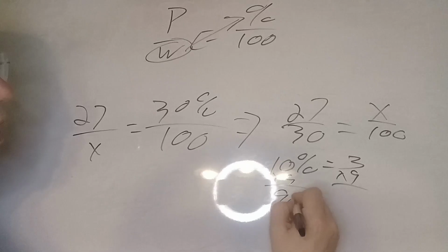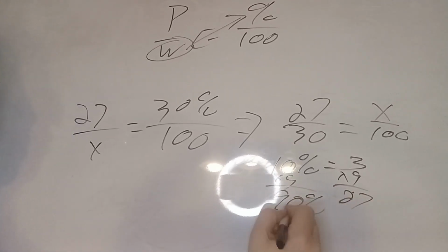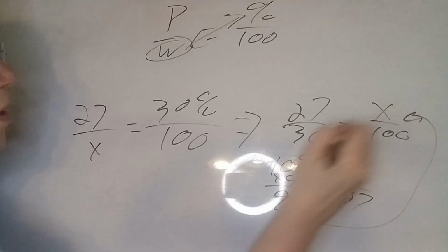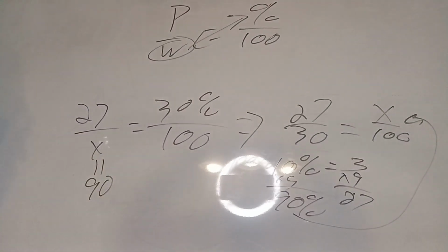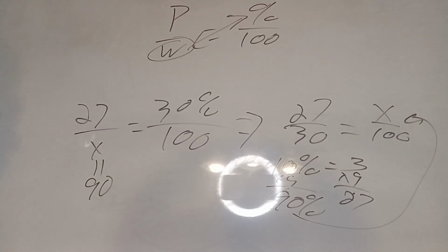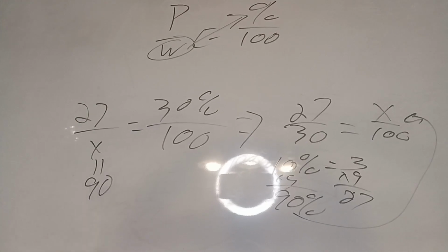So we get that it is 90%. 90% of this equation is the same as 90 in this one. So 27 is 30% of 90.